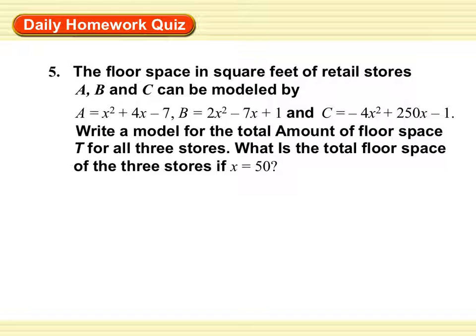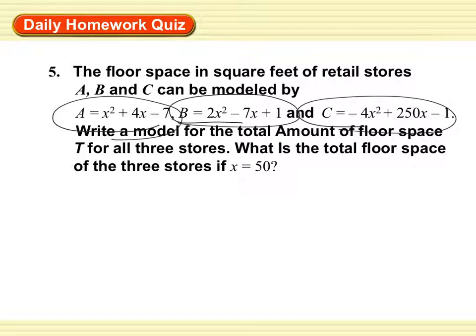And the last word problem, floor space, area, okay, for all three stores. So I've got floor space of retail stores A, B, and C can be modeled by A, B, and C. Write a model for the total amount of floor space for all three stores. What's the total floor space if x equals 50? So I'm actually adding these together.